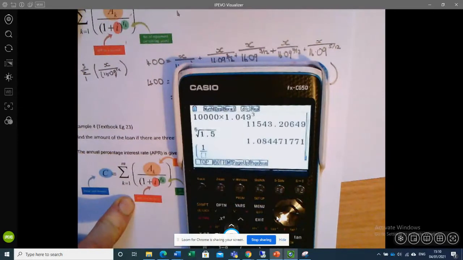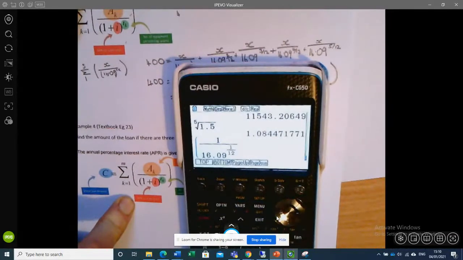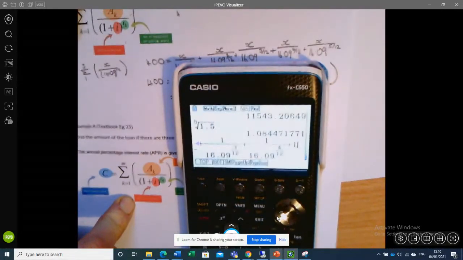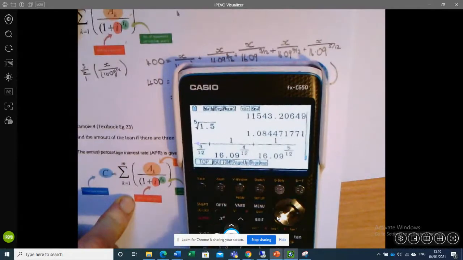It is a little bit time consuming, this, particularly when you've got 5 payments or more payments. So 16.09 to the power of 1, and so on.